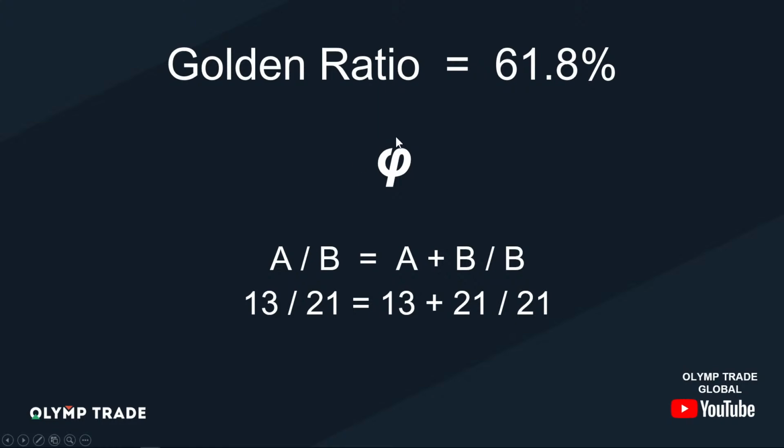Now, this may sound a little bit confusing, but just so that you understand, the golden ratio means that the ratio of the sum of the quantities to the larger quantity is equal to the ratio of the larger quantity to the smaller one.